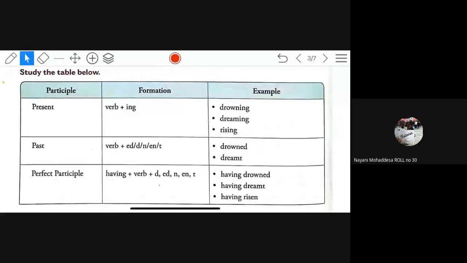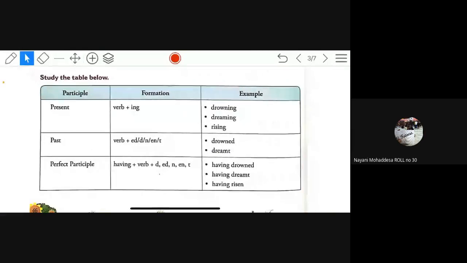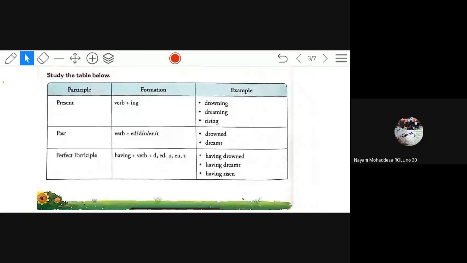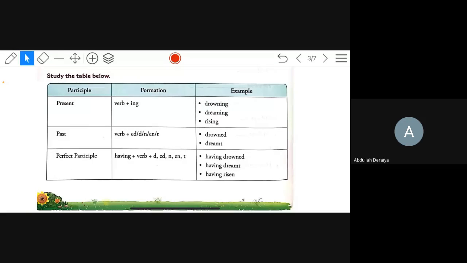Yes, Mubashira, you can read this. Okay. Study the table below. Participle, present: verb plus ing formation. Example: throwing, swimming, rising.